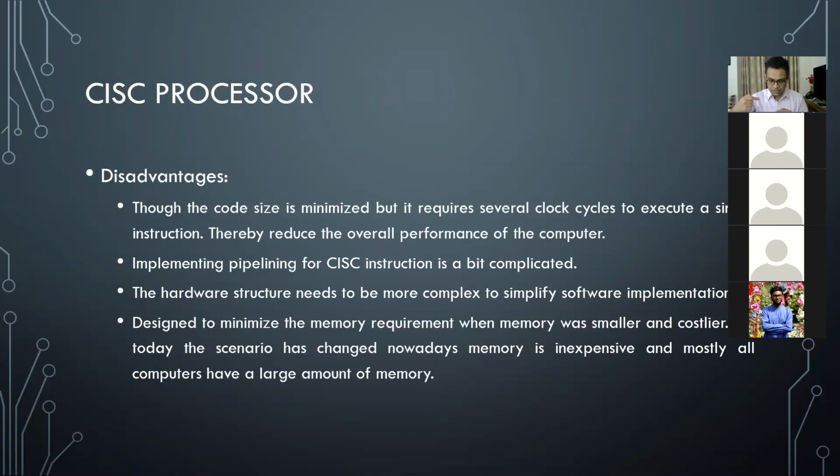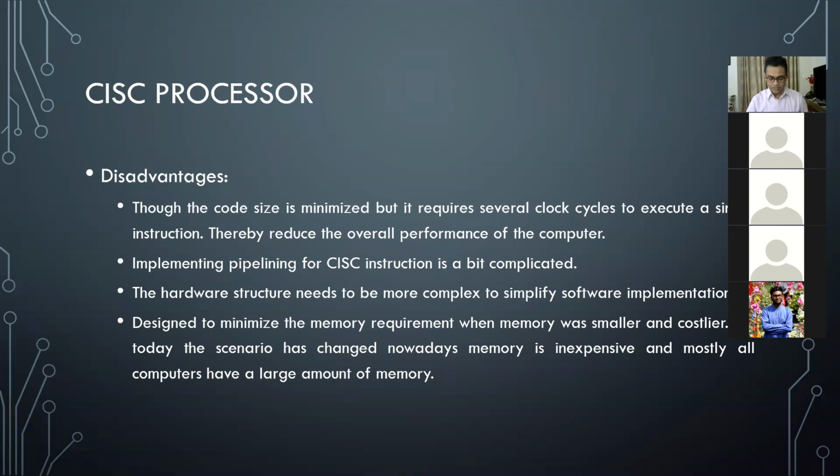I mean, 1 clock cycle, 2 clock cycles, depending on the speed of the microprocessor. So each instruction requires multiple clock cycles. That means it takes more time for the processor to execute it.